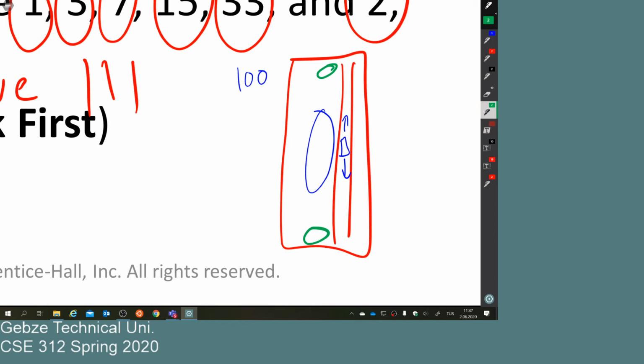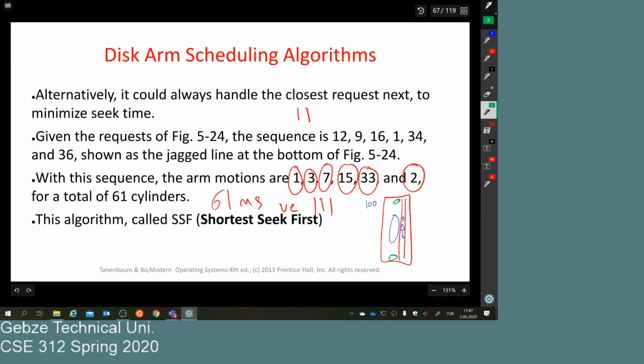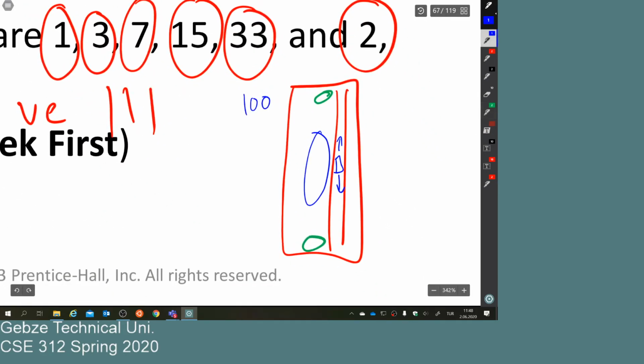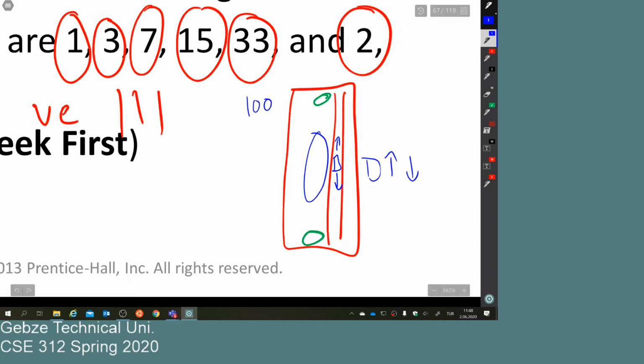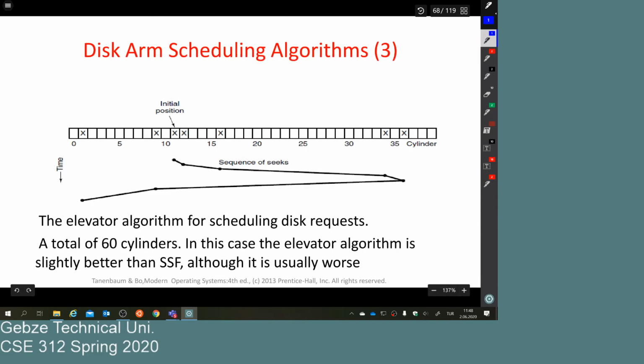So the elevator algorithm says this: my elevator is going to go up or down. It will go up until it meets all the read-write requests in the up direction. Then it will go down until it meets all the requests in the down direction. That's called the elevator algorithm.